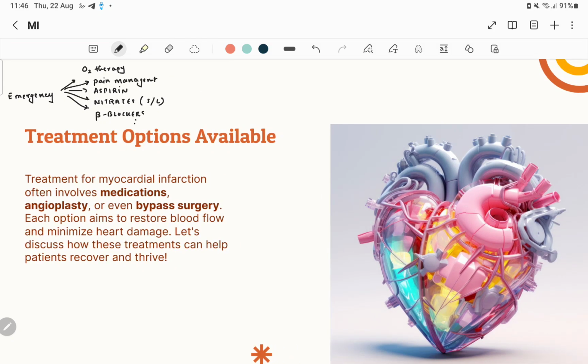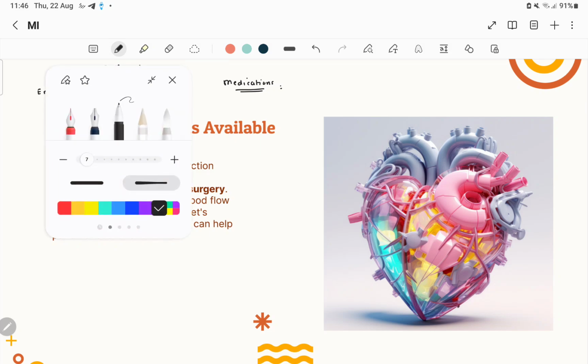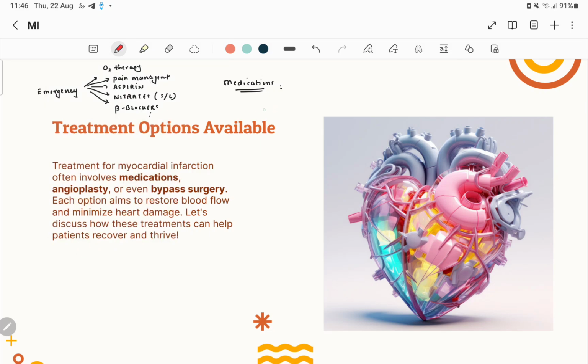And if you want to talk about medications, we can use a variety of classes of medicines for MI. First you can give antiplatelet drugs like aspirin, clopidogrel. You can give anticoagulants like heparin, warfarin.